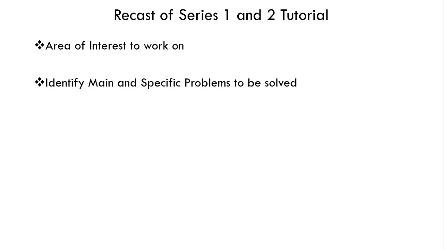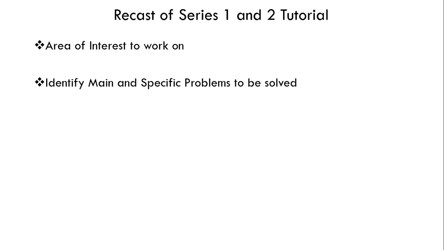Before we get started, we want to recast our earlier lectures. Recall that from series 1 and series 2 on how to write a research, how to formulate a research topic, we said that it is essential that you should have an area of interest to work on anytime you are planning to write either your project, your thesis, as the case may be, or your research.